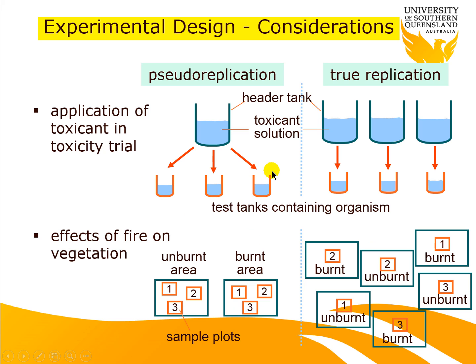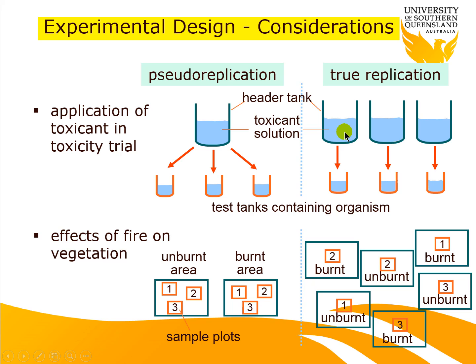So in this example, we have a header tank that has some solution in it. And there's multiple header tanks, but what we've done is take one header tank and we've taken 3 samples out of it. So these 3 samples are replicates of just this one header tank. So if our research question is about the toxicant levels among header tanks, we don't have replication of that. We just have replication of this one header tank.